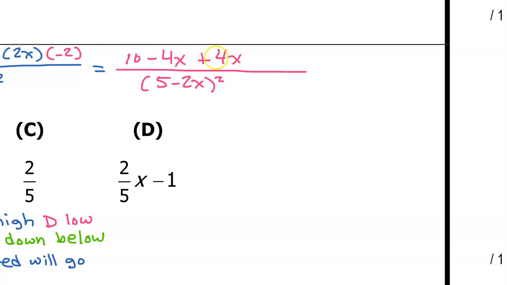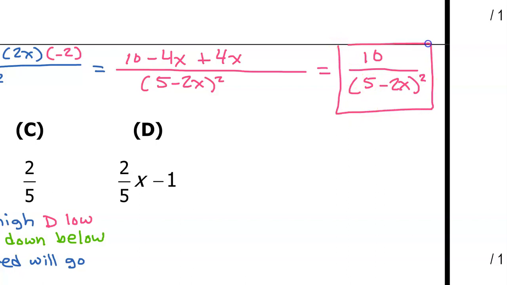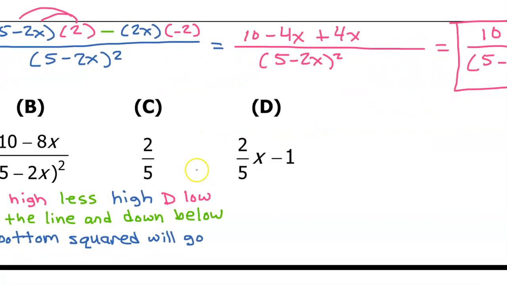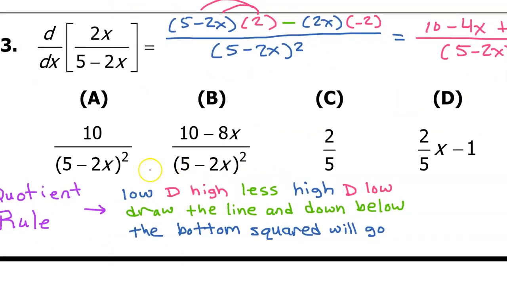Negative 4x plus 4x, those cancel each other out. So I'm seeing 10 over 5 minus 2x squared. So this is where I would normally leave it. So let's see if this matches with any of the choices. And it looks like we have a match on choice A.